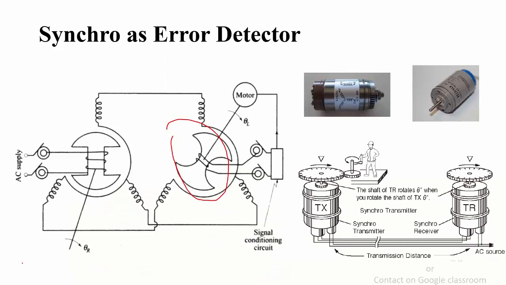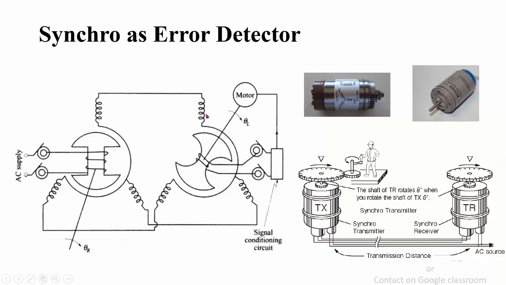For the operation of a synchro, what you did was apply an AC input, a single phase input, to the rotor of the transmitter, which induced voltages in the stator windings of the transmitter. These induced voltages are further fed to the stator of the receiver. So the same voltages exist at the windings of the stator of the receiver.